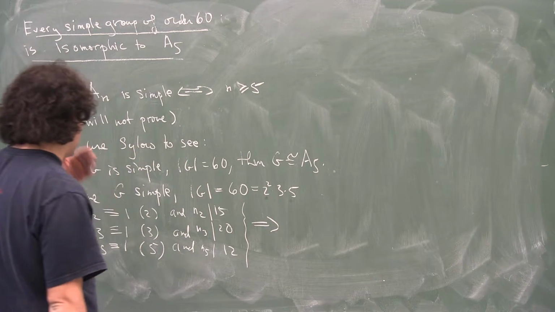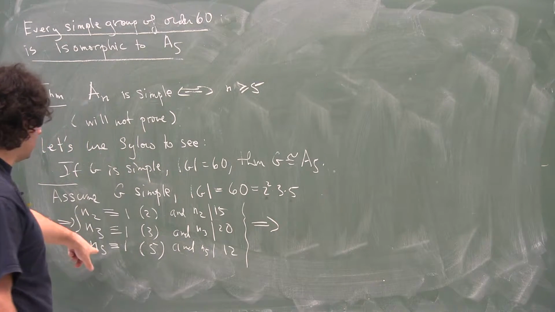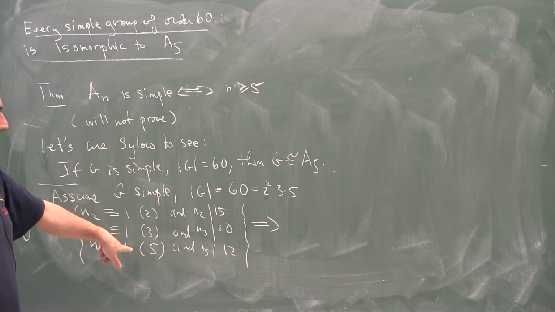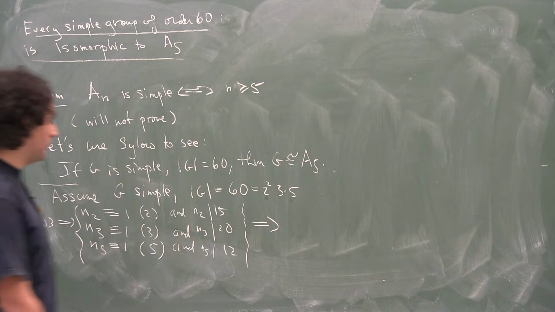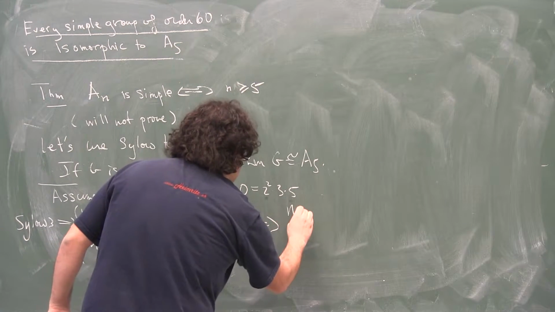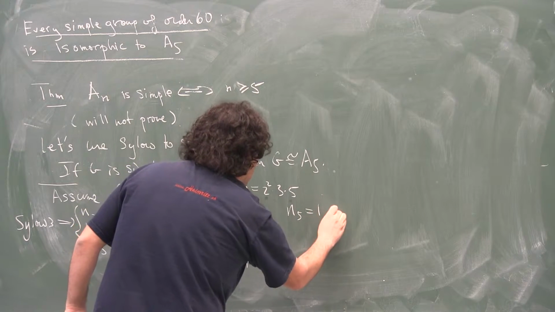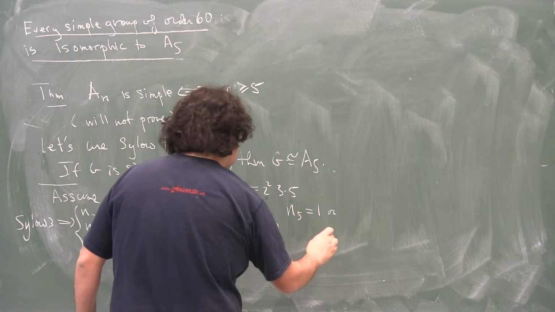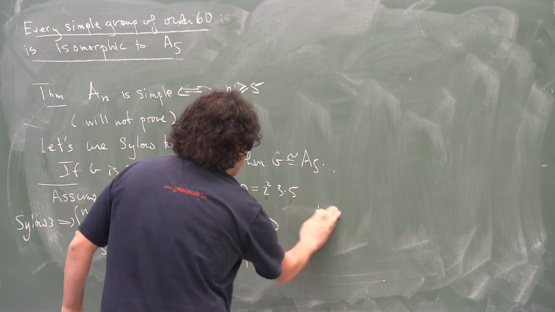Well, n_5 is congruent to 1 mod 5, and it divides 12. That forces n_5 is equal to 1, or, okay, let's maybe write these in the same order.